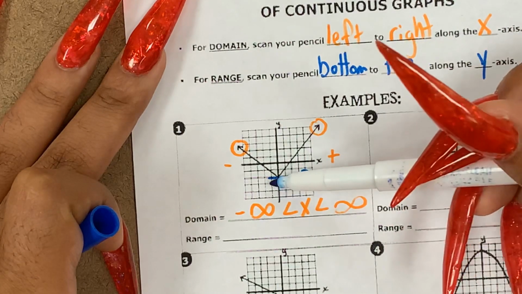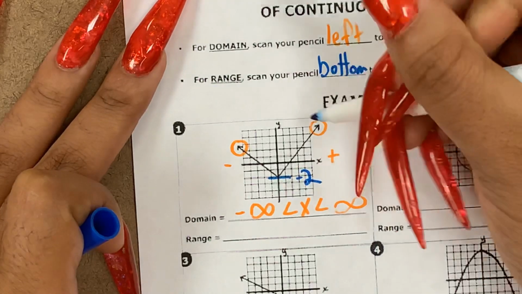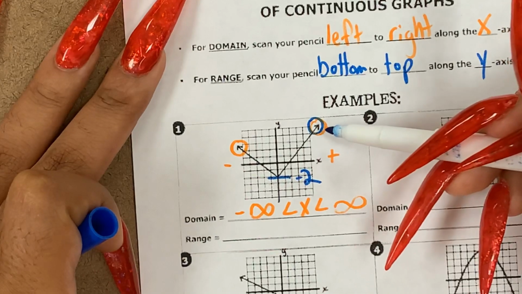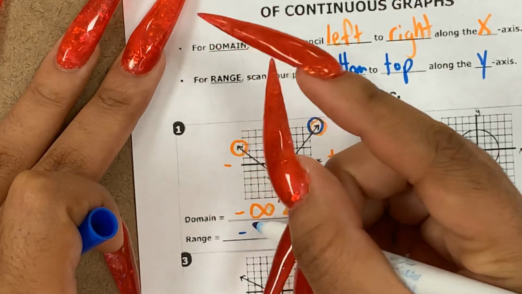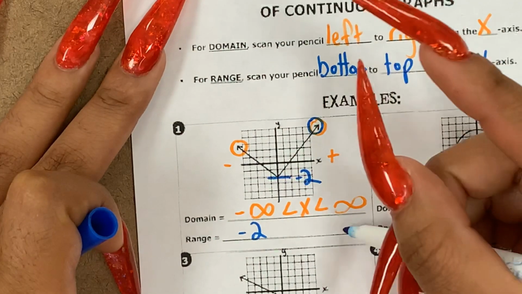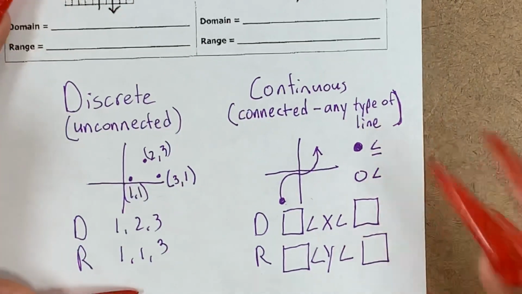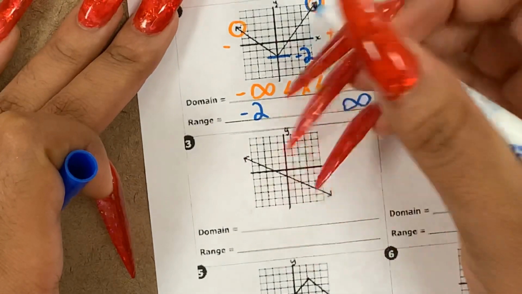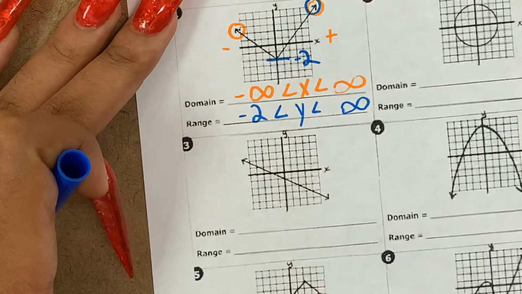The highest y value, if I scan, the largest value is an arrow. It goes up forever. So the smallest is -2. The largest is positive infinity, because it goes up forever. So remember how to set up the range. Smallest y value is less than y is less than positive infinity.